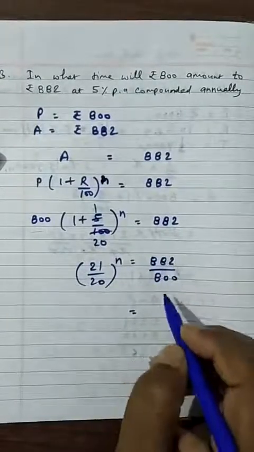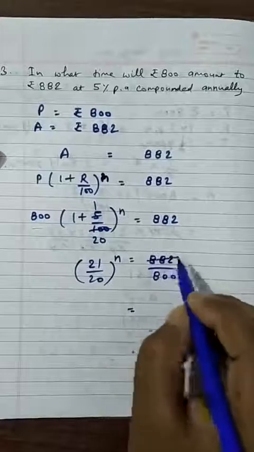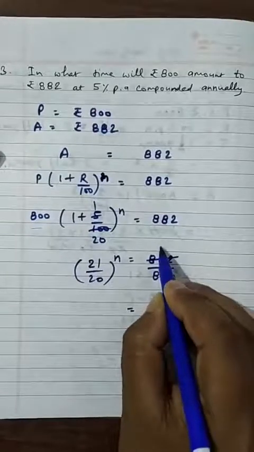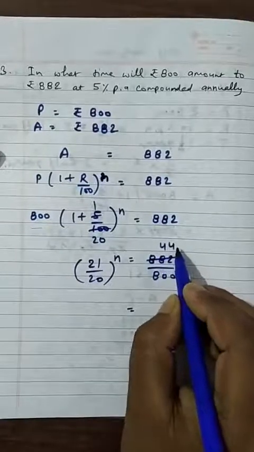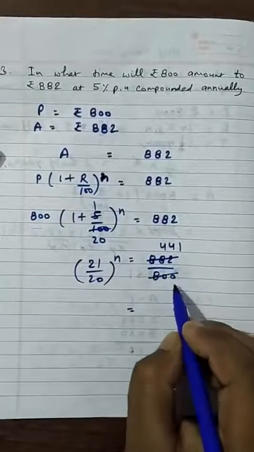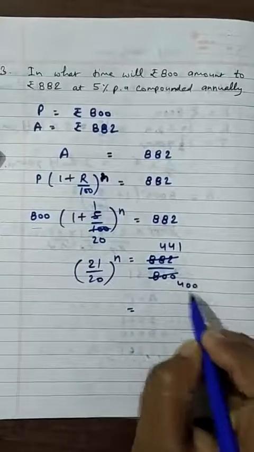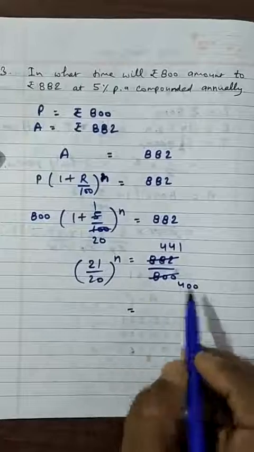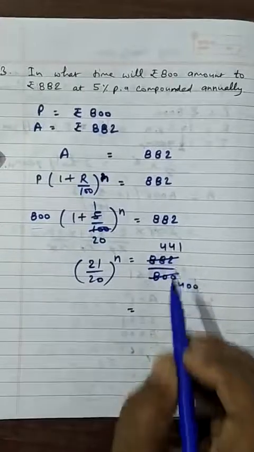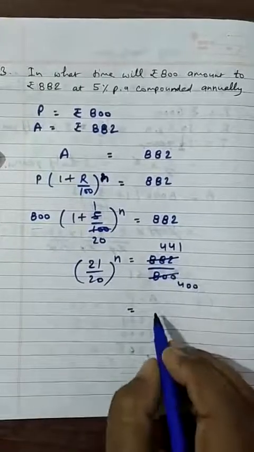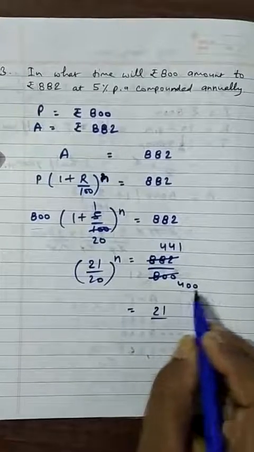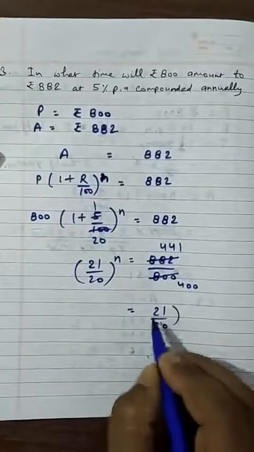If we deduct this, 882 upon 800 gives 441 upon 400. Now 441 is the square of 21 and 400 is the square of 20.